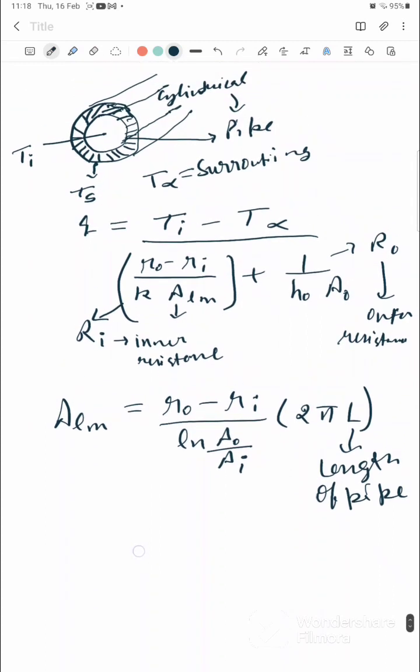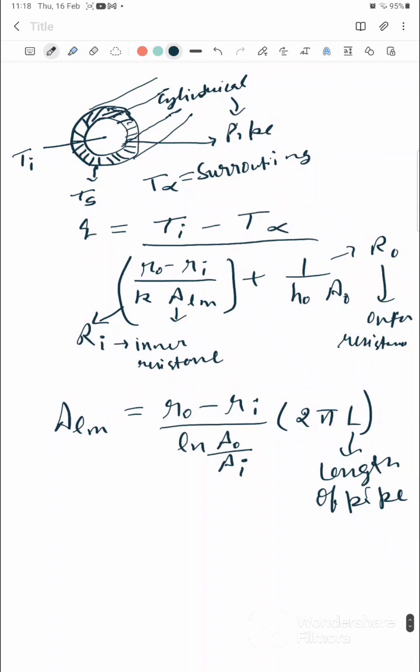So heat is flowing from inside the pipe to outside.